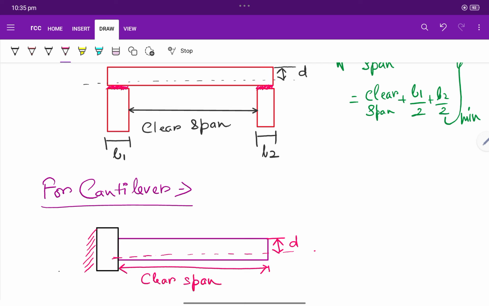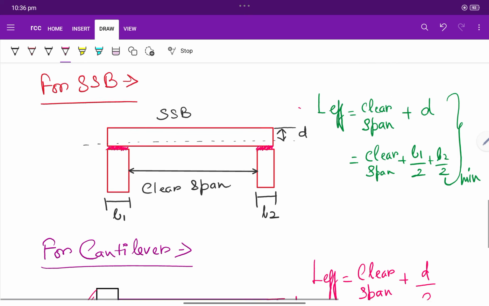So for a cantilever slab, the L effective value is the clear span plus D by 2, effective depth by 2. There is only this one difference for the cantilever.